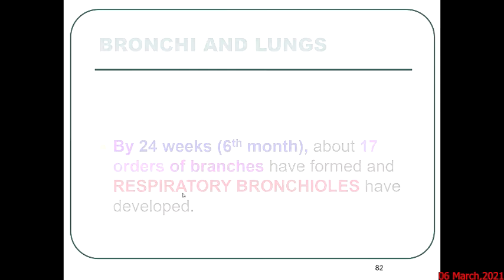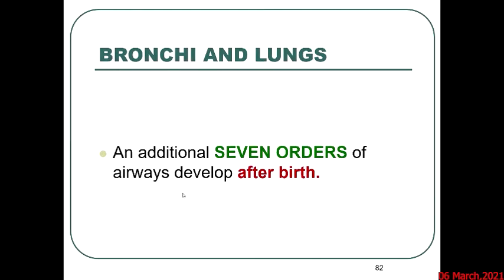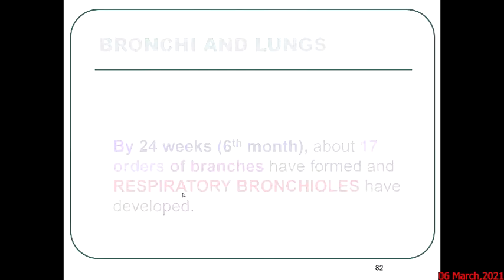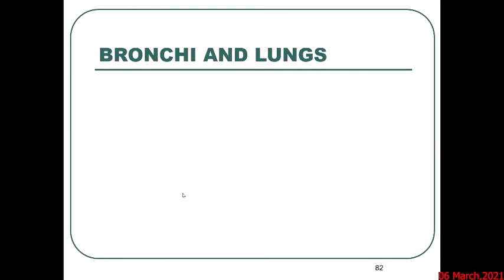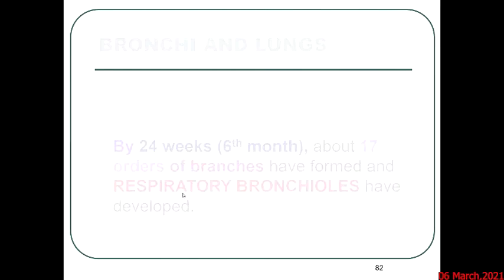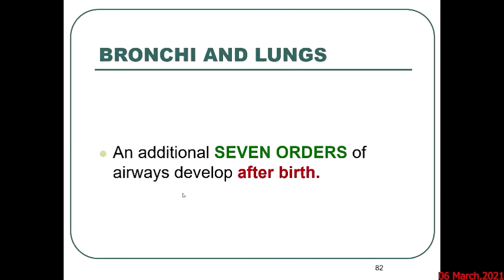An additional 7 orders of airways develop after birth. So totally ওখানে 17 order. By 6 months, about 17 orders of branches have formed and respiratory bronchioles have developed. আর তারপরে 6 month থেকে 9 month পর্যন্ত এটুকুই থাকে, up to the 17 order, and আরো 7 orders of airways develop after birth.